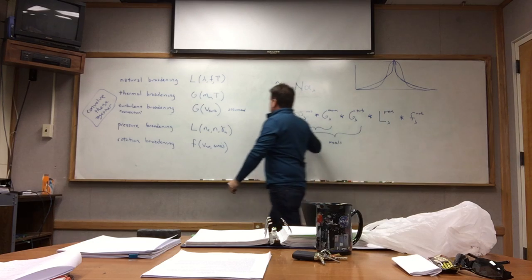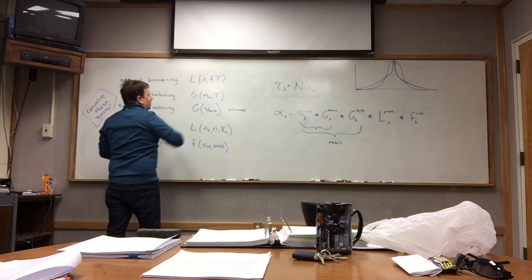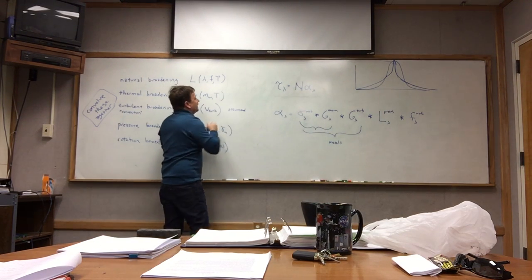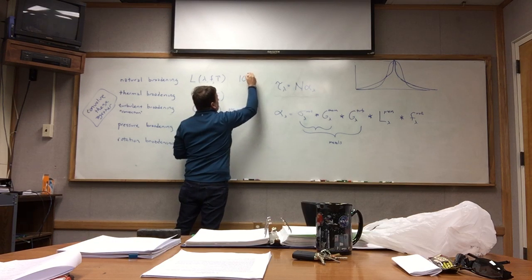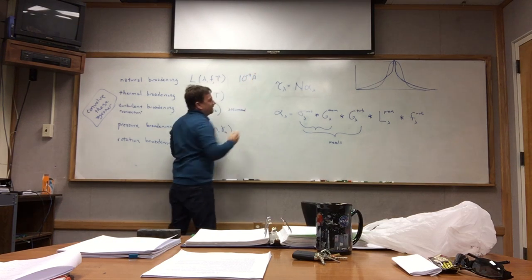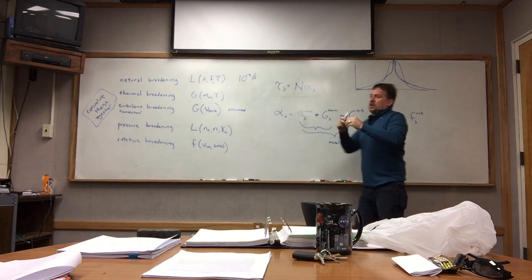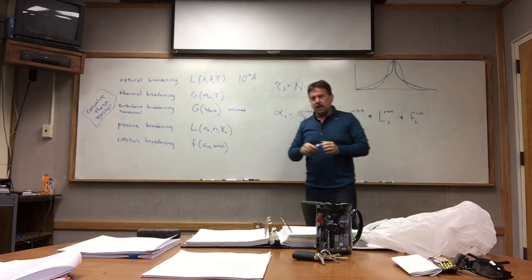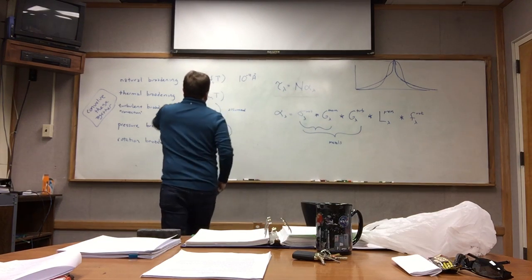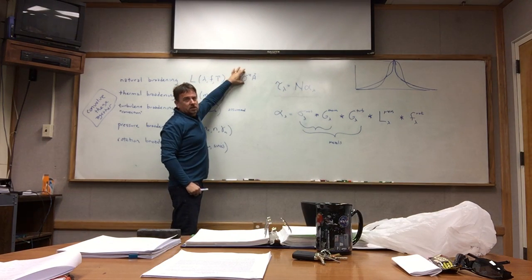Now, even though the natural broadening is a Lorentzian, remember that this width is extremely narrow. Okay? The atomic physics comes into play only in a very narrow region.